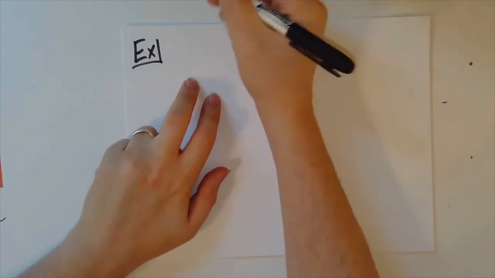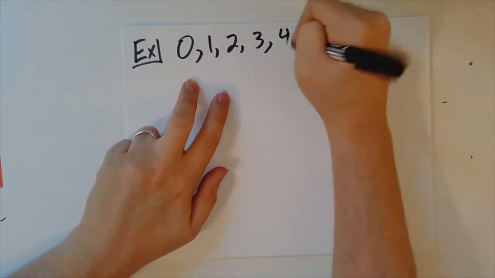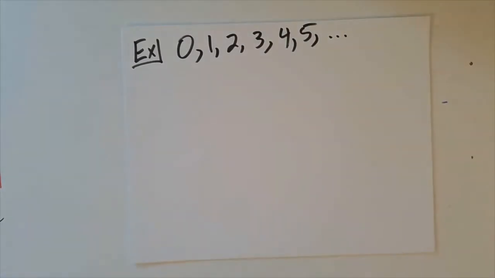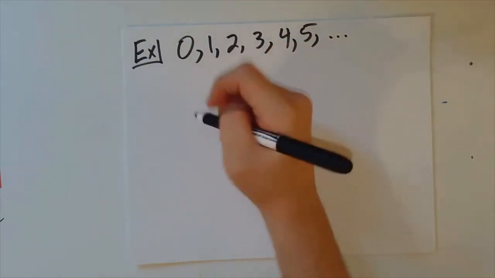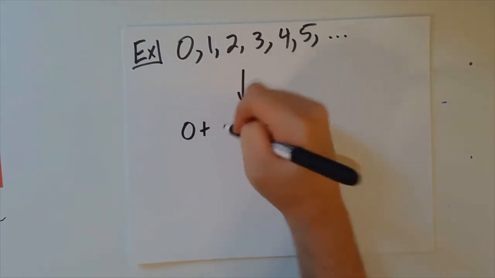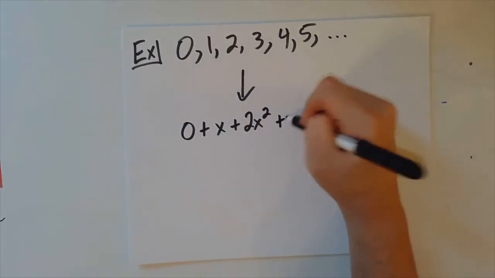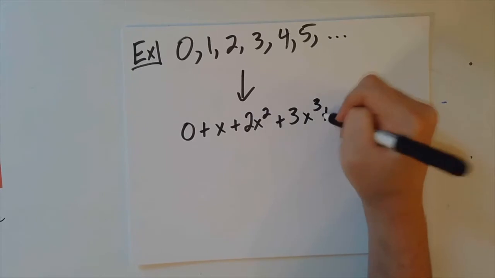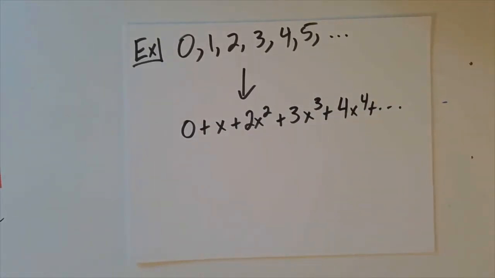Let's take the sequence 0, 1, 2, 3, 4, 5, dot, dot, dot. And so this gets translated to 0 plus x plus 2x squared plus 3x cubed plus 4x to the fourth, plus dot, dot, dot, like that.